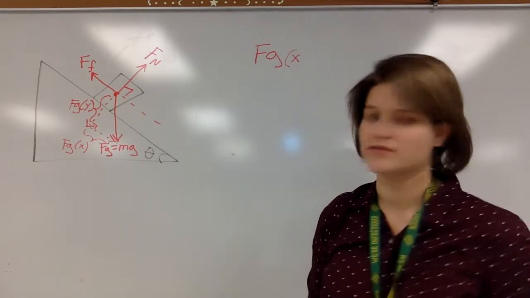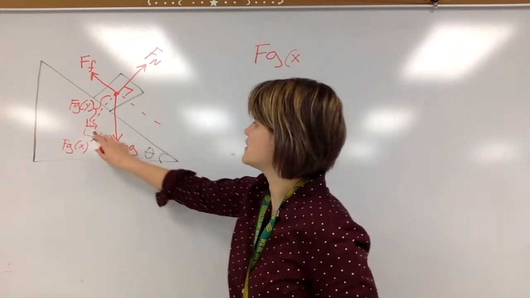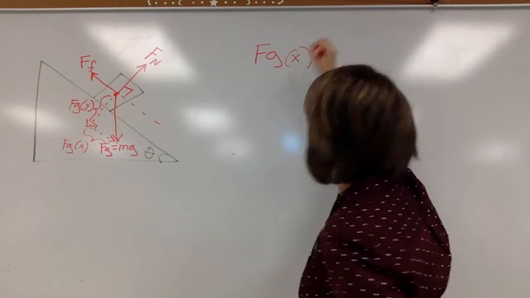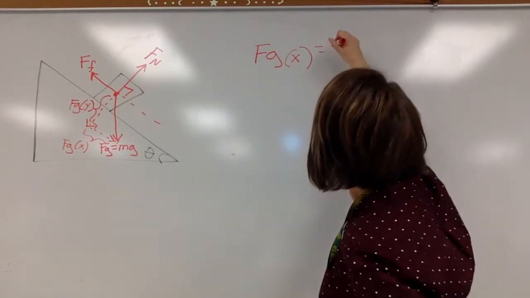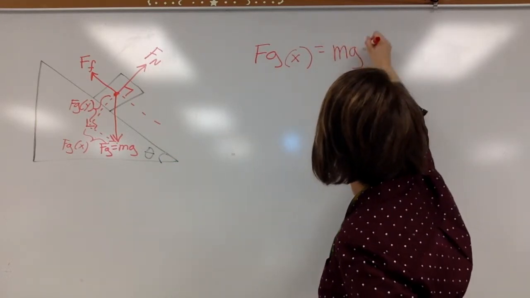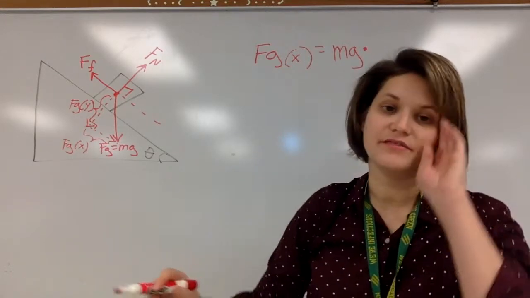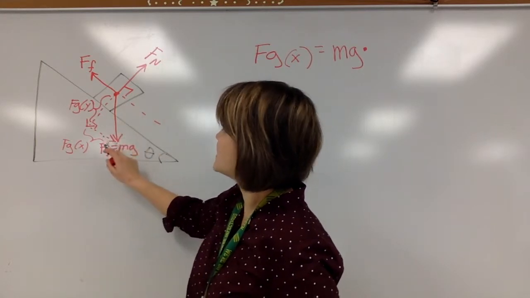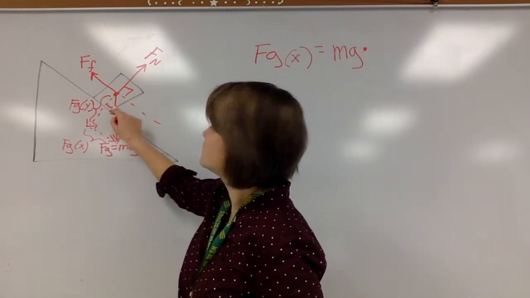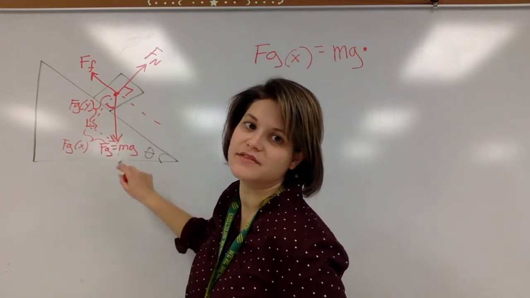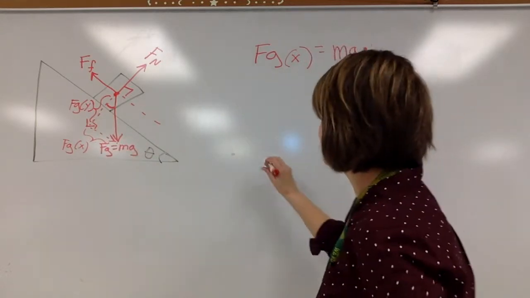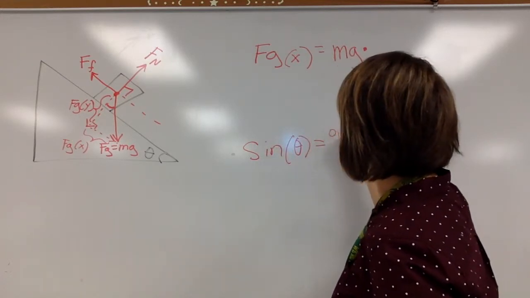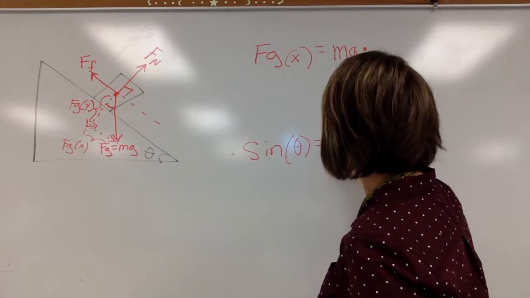Fg specifically in the x direction. So this component right here that is acting parallel to the surface. And we know mg, we know that we solve this side of the triangle by taking sine of theta times the hypotenuse. And all I'm doing there is remember that sine of theta is equal to opposite over hypotenuse.